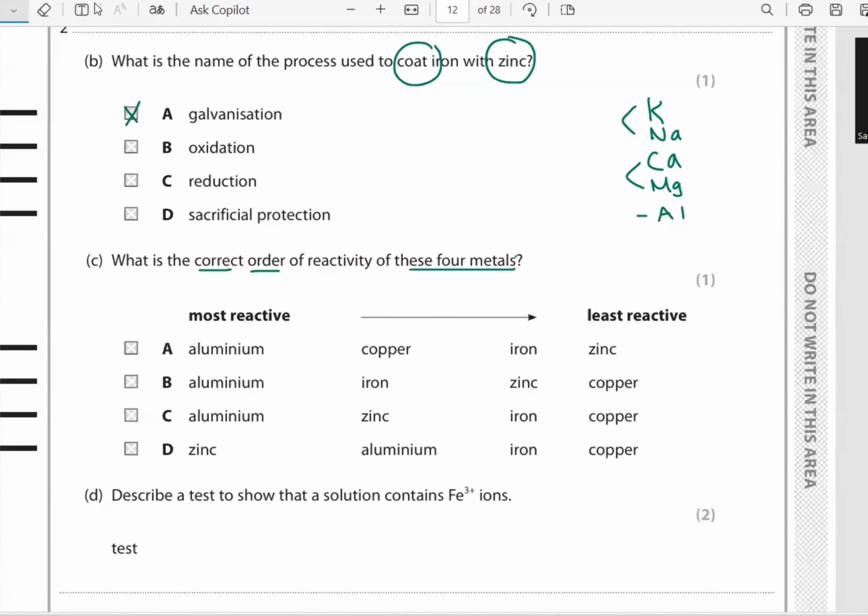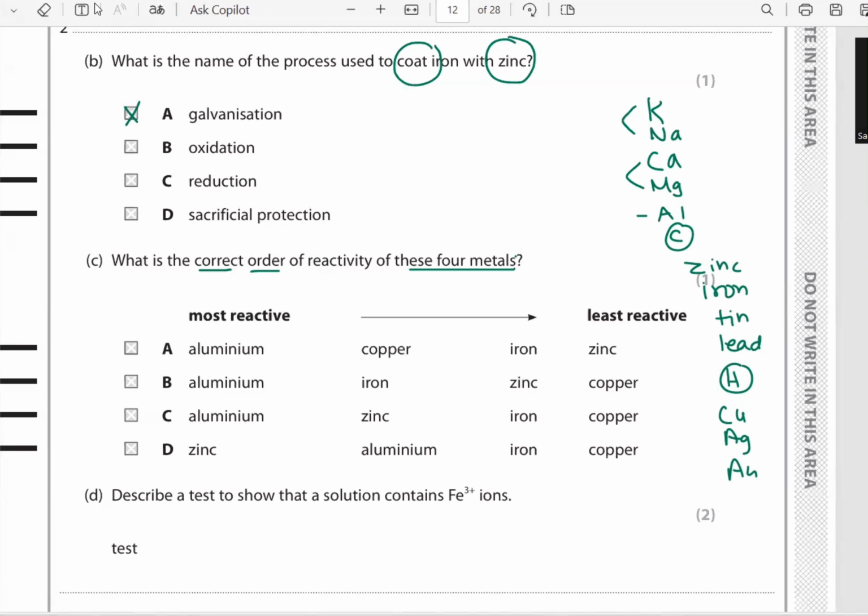And then comes carbon, which is a non-metal. After that, zinc, iron, tin, lead. Then hydrogen, and then copper, silver, gold. That's all.